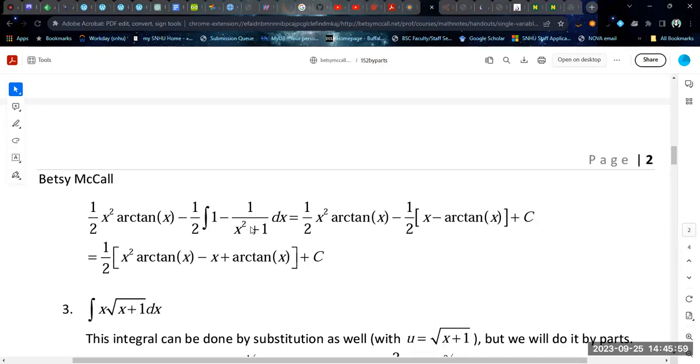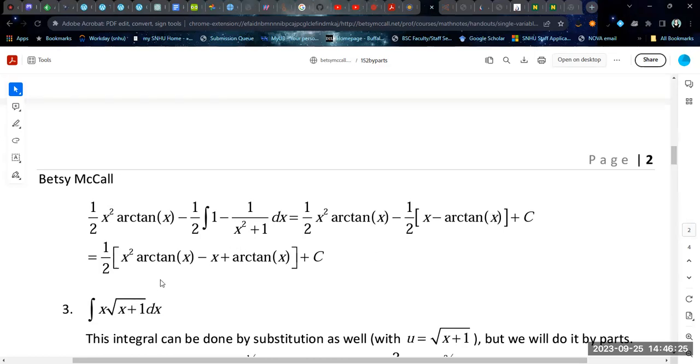And these can both be integrated fairly straightforwardly. And I end up with 1 becomes x, and 1 over x squared plus 1 becomes arctan x. And so my final answer, so I've got a half on everything. I've got 1/2 x squared arctan x minus this x, and plus, because it's minus minus, the arctan x.